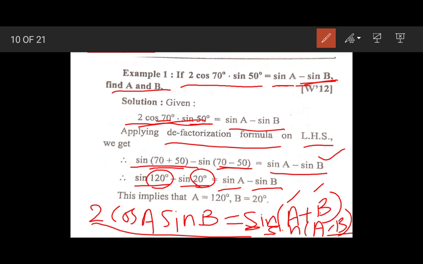By comparing the left hand side and right hand side, a is equal to 120° and b is equal to 20°.